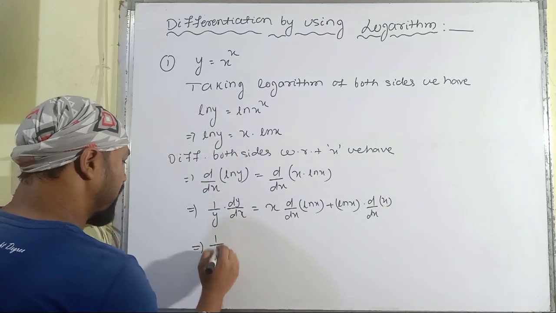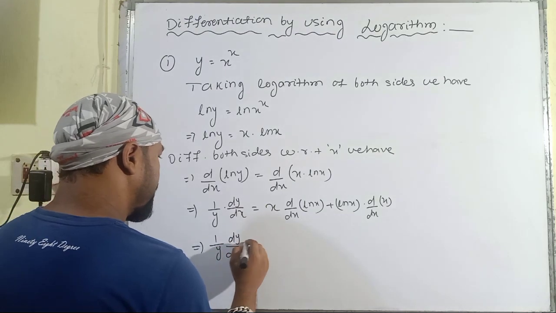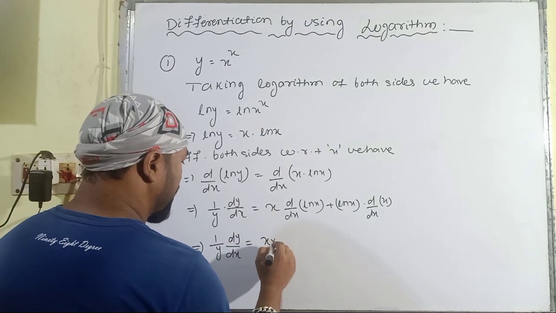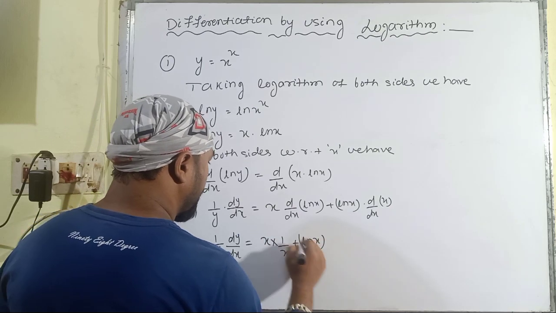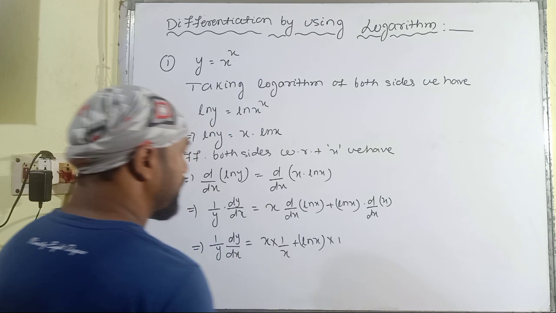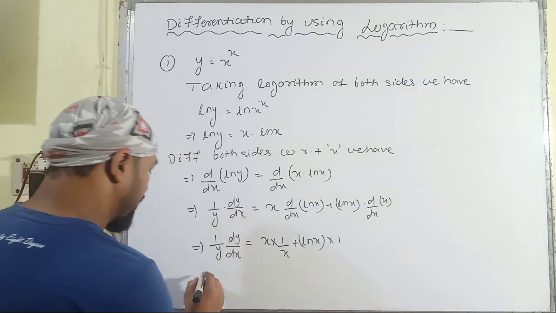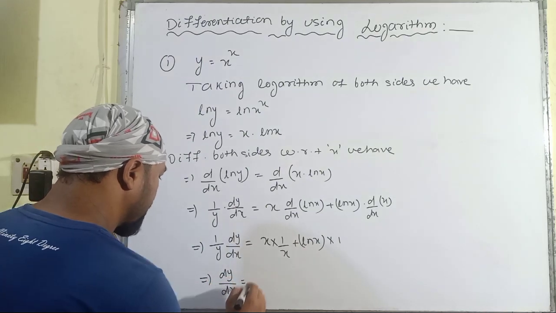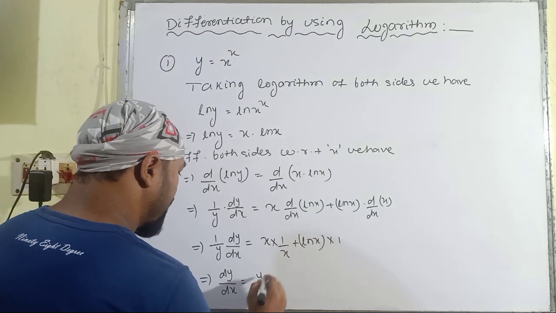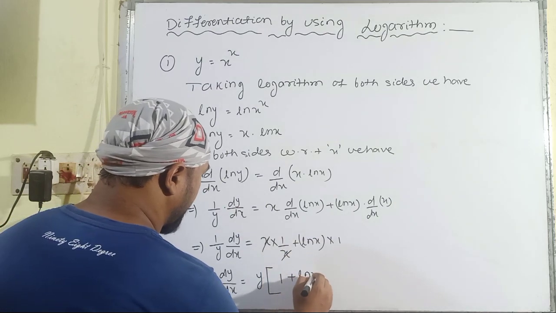Then 1 upon y dy upon dx is equal to x multiplied with 1 by x plus ln x multiplied with 1, because derivative of x with respect to itself is equal to 1. Then differentiation of y with respect to x is y multiplied with 1 plus ln x.